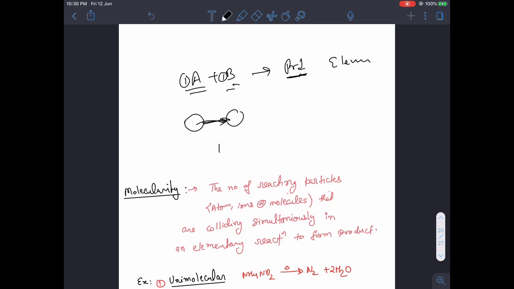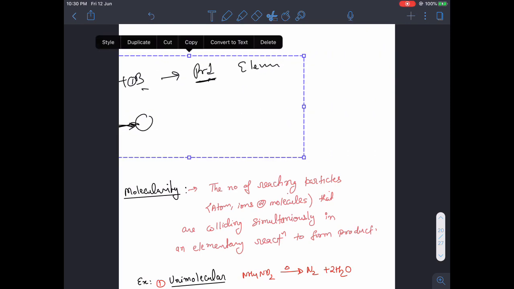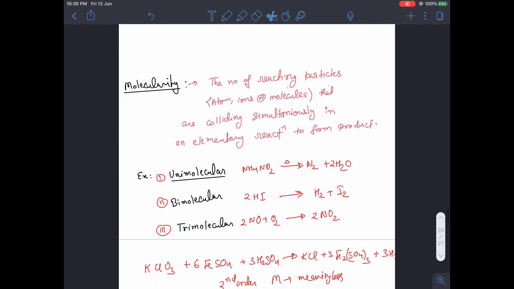So, molecularity for an elementary reaction is nothing but the sum of stoichiometric coefficients. Okay. So, you can write it as molecularity equal to the sum of stoichiometric coefficients of an elementary reaction.